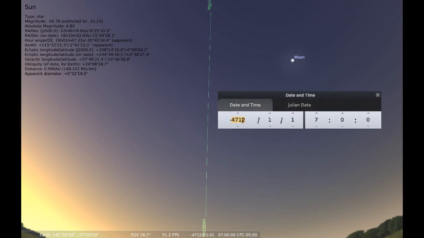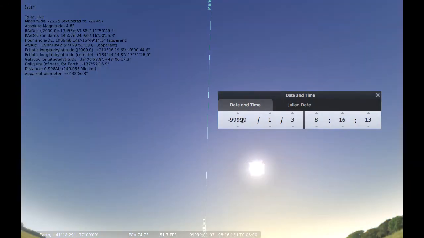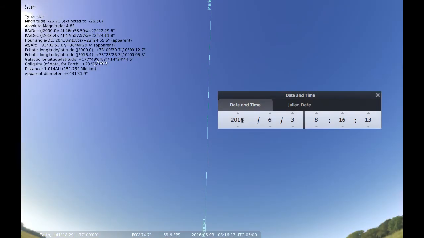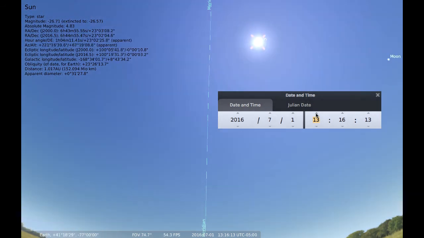If we jump back to 2016, let's change this to positive 2016. And let's pick July, and July 1st. And let's pick sometime in the evening, like so.